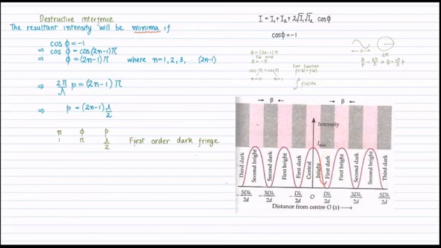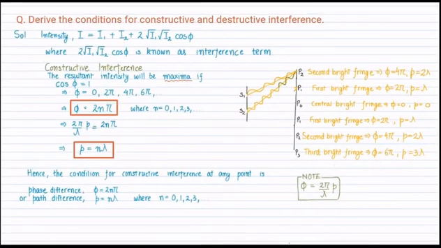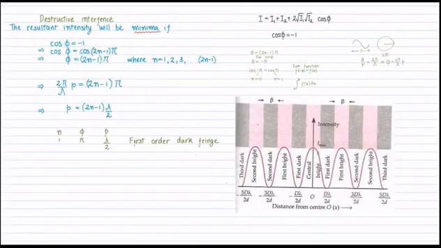Fine. But whereas in case of your bright fringes, you started from n equals to 0. If you start from n equals to 0, can you see this first one? At this point you had the maxima, and this one corresponds to your n equals to 0, which is known as your central bright fringe.